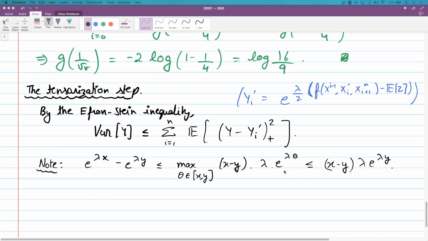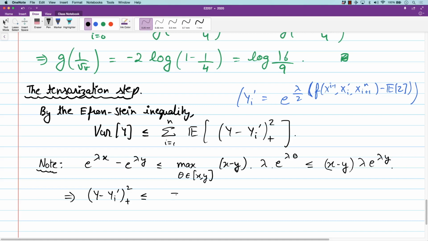So we can use this inequality here, and this inequality implies that y minus yi prime square is less than or equal to, so now I'll just have x minus y, this exponential part will go away, z minus zi prime plus square, and I'm working with lambda by 2, so this becomes times lambda square by 4, and this remains the same guy.